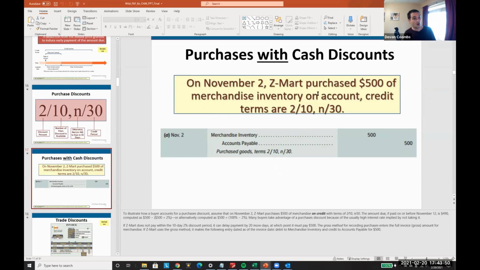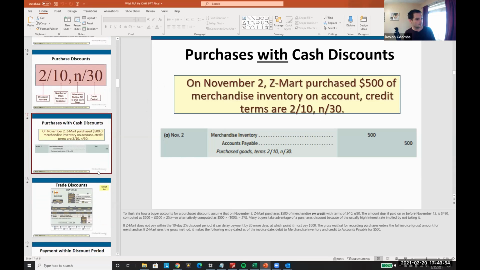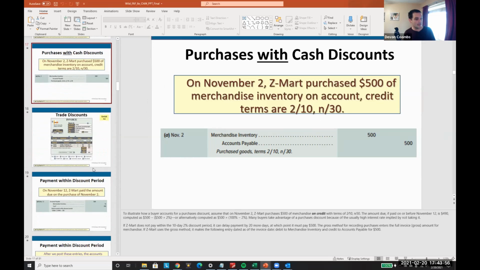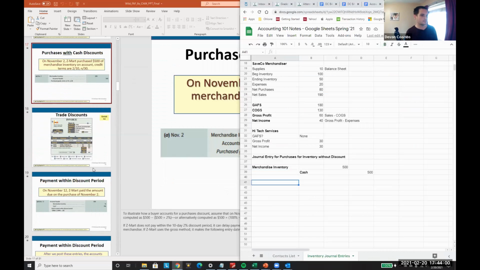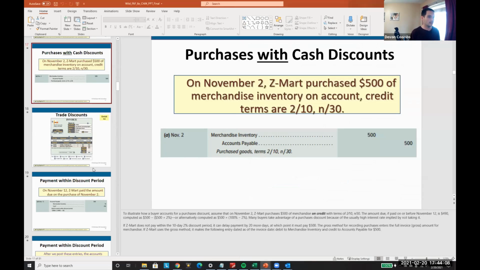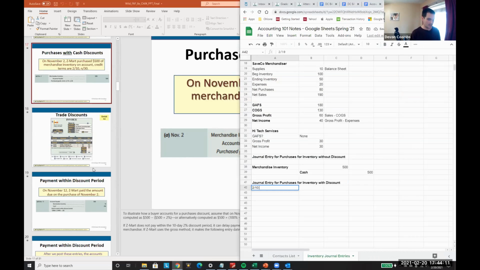So let's say they purchase with accounts payable, and then they pay it with a discount. And we'll say, what happens if we do it with the discount? The discount will be the 2/10, n/30.